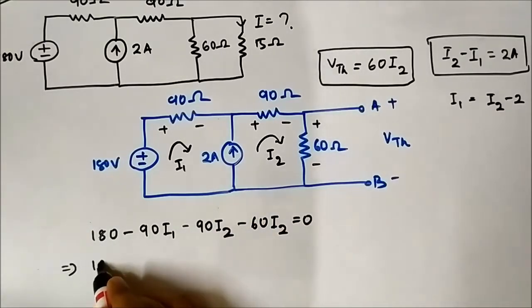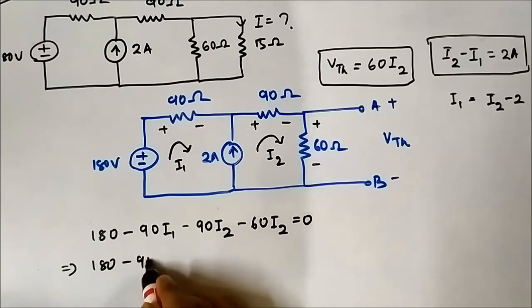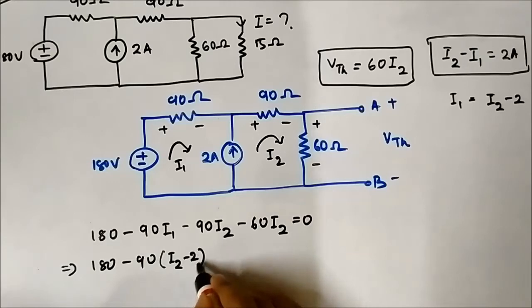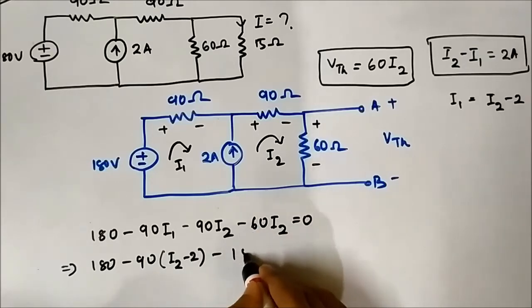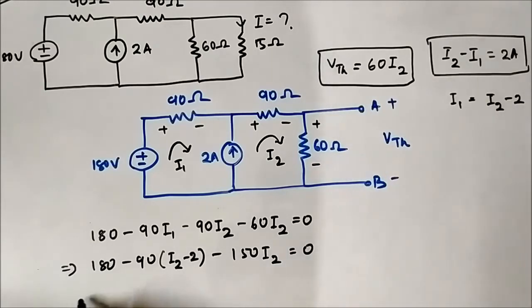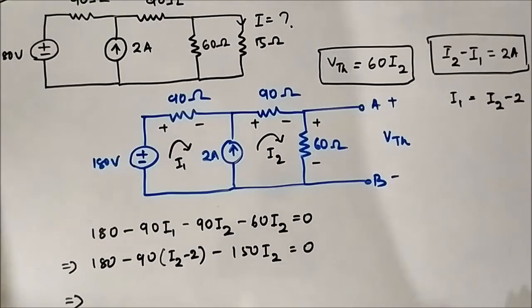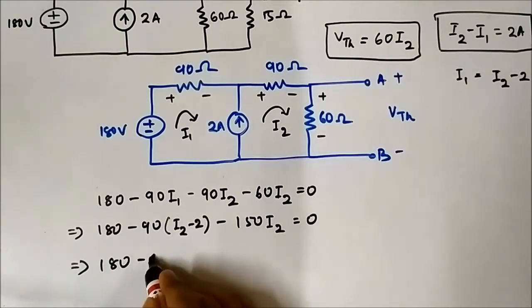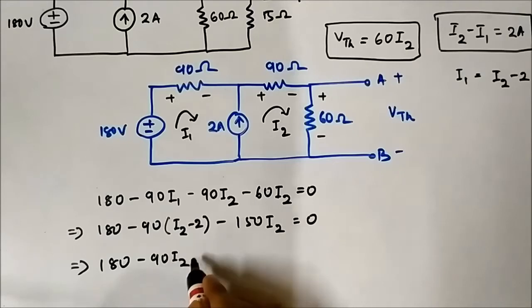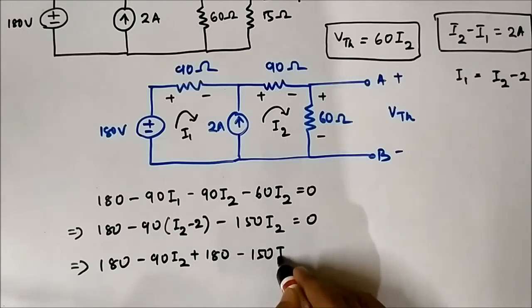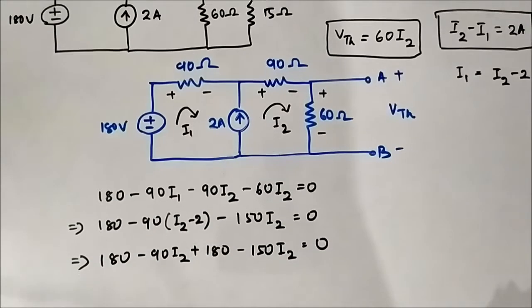That implies 180 minus 90 into (I2 minus 2) minus 150 I2 is equal to 0. That implies 180 minus 90 I2 plus 180 minus 150 I2 is equal to 0.